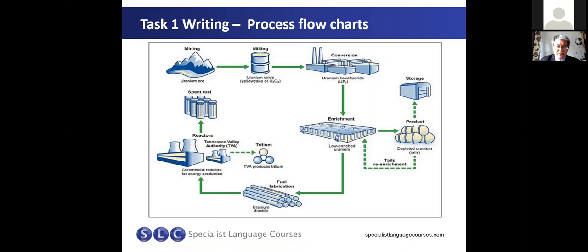Tennessee Valley Authority, TVA, okay, they produce tritium. The TVA produces tritium. I know that's used in a different type of nuclear reaction, but it doesn't tell me here, so I can't mention that in my report. We just have to say the TVA produces 2 byproducts.